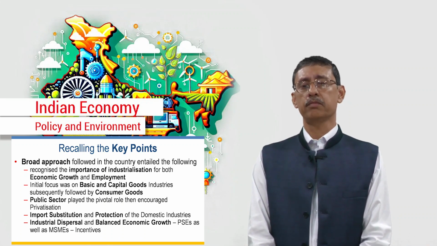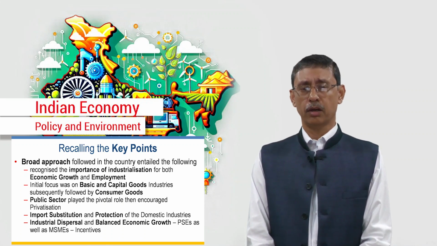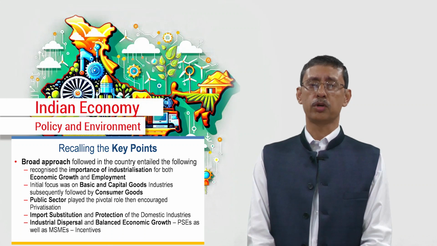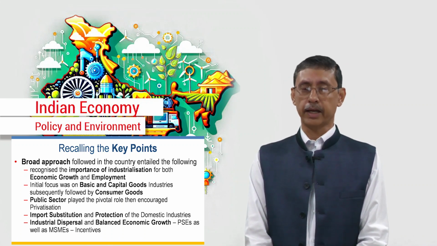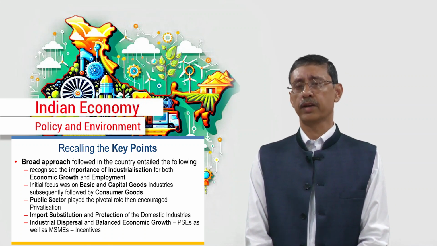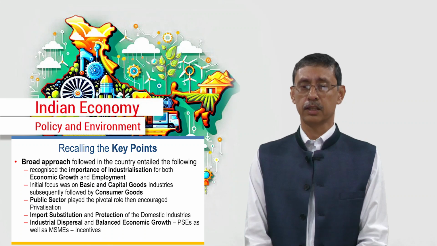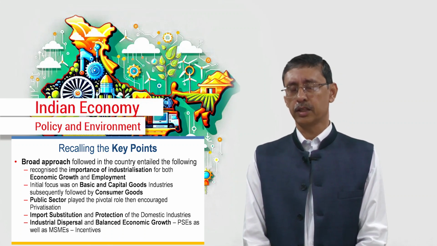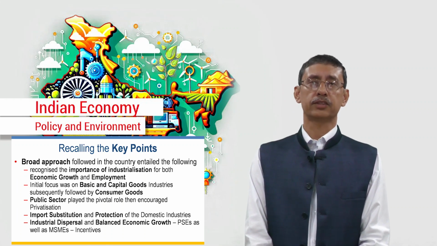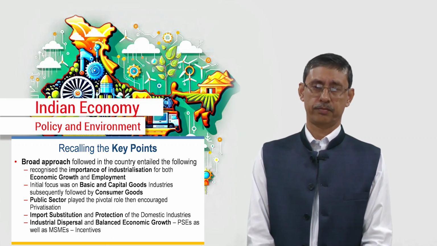At the same time, India was trying to develop the country within the framework of balanced economic growth, and for that we had our policies related to industrial dispersal so that different parts of the country can see different industries and industrializations.